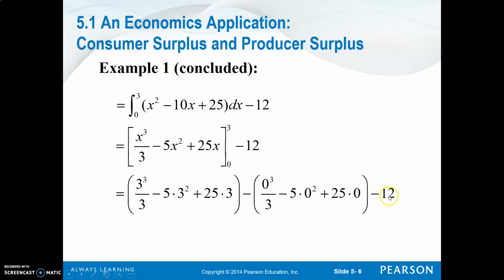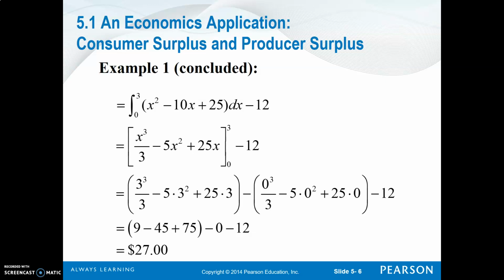I'm still going to subtract the 12 when all is said and done, and I get a final positive consumer surplus of $27. So whatever this was that I expected to buy 3 of and pay a price for, I end up paying $27 less than what I expected, which is awesome. That means I spent less money than I anticipated.